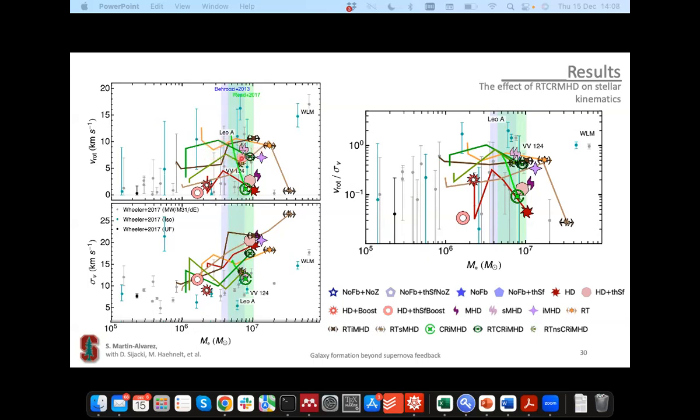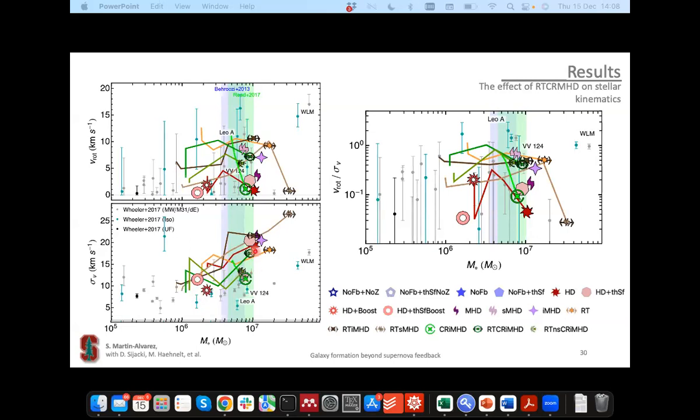So again, radiative transfer, cosmic rays, no cosmic rays, whatever is helping us match these things better, maybe magnetic fields as well, whereas these models are failing somewhat in the rotational velocity. However, when you go to the actual dispersion of stars, of the velocity of stars, the boosted feedback models are the ones that can actually match the observations.